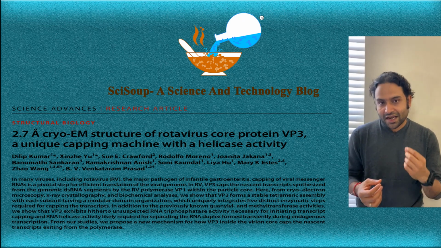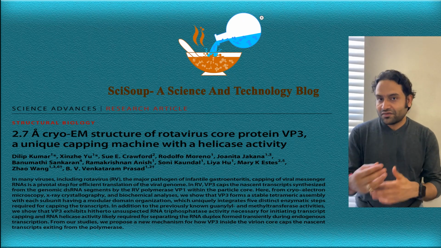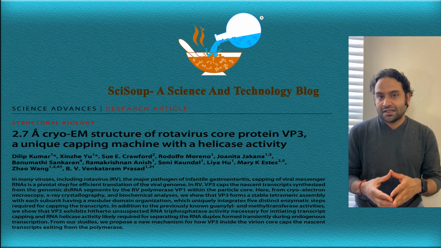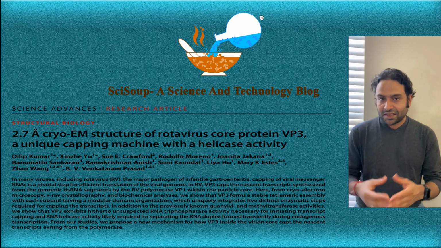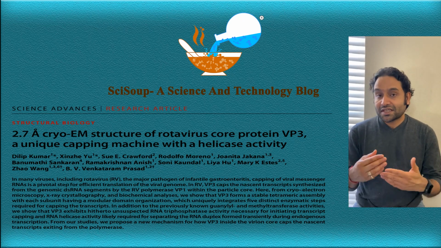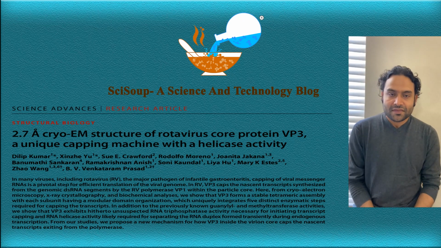One is the rotavirus RNA dependent RNA polymerase VP1, which makes copies of the viral RNA genome, and the other is the viral capping enzyme VP3, which puts a cap on the nascent transcript and helps in efficient translation of viral proteins.